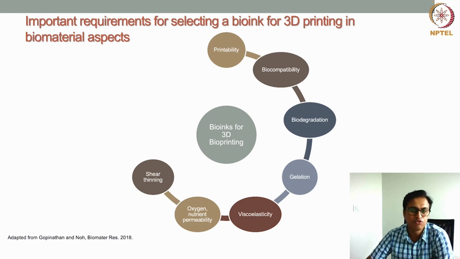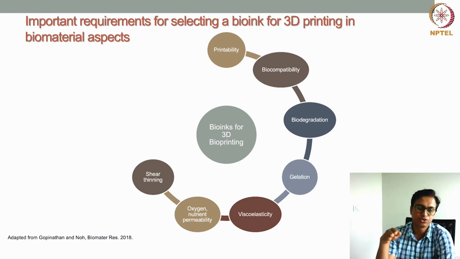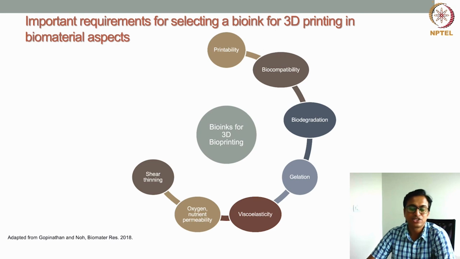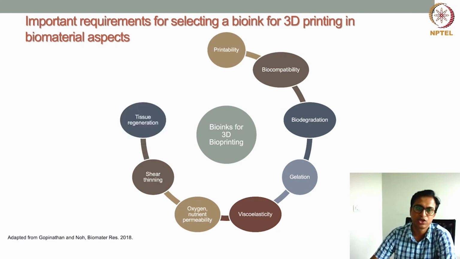It is helpful for extrusion based bioprinting, because when we extrude the material, we apply force on it. When we apply force, the shear rate increases, so the viscosity decreases, and the material can easily come out of the extrusion nozzle. So shear thinning behavior is another important requirement.